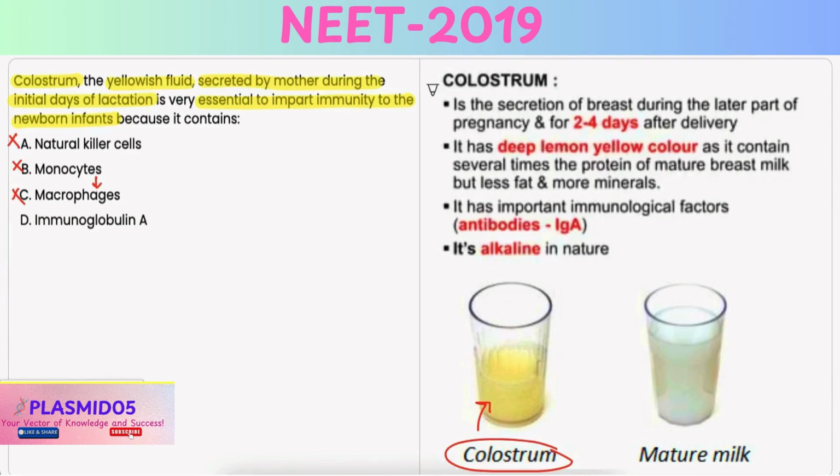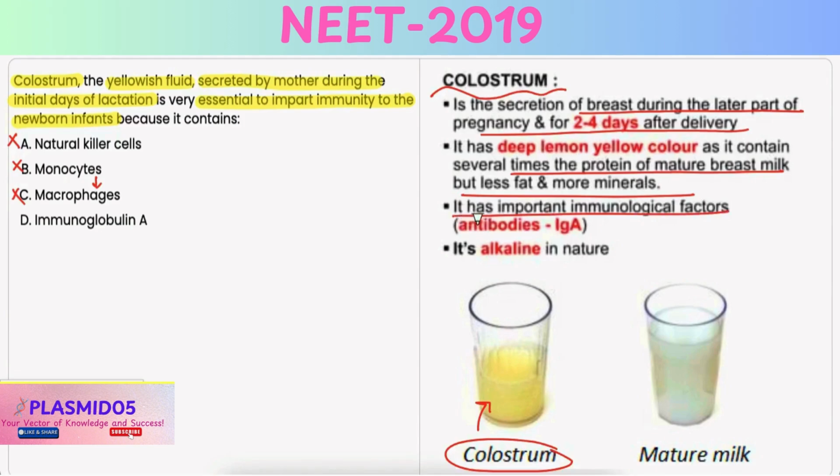Option D, immunoglobulin A. Now, colostrum, which is the first milk produced by the mother in the initial days after childbirth, is rich in nutrients and immune factors which are very important for the newborn's immunity development.